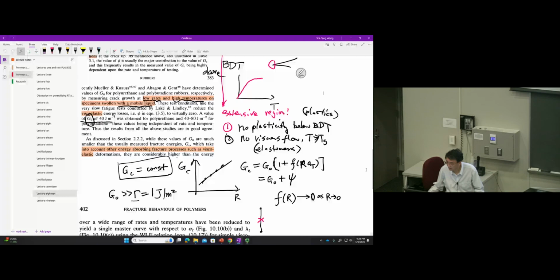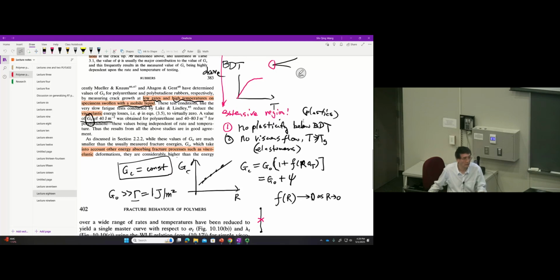Do you recall that with polymers, I can, for certain, say there is no plasticity in the case of plastics, and I can, for certain, say there is no viscous effect when I'm dealing with elastomers. And for folks who work with metals, they tend to yield, and they tend to do it just above the BDT.